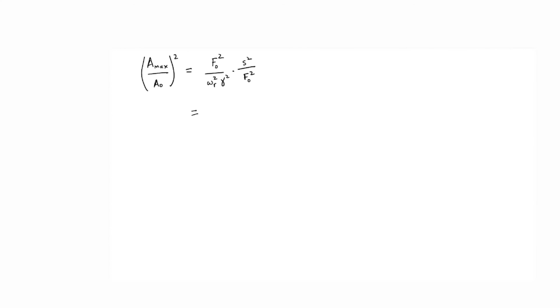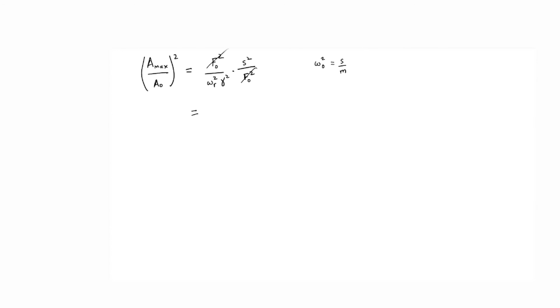The next step is to cancel off f 0 square, and remember that omega 0 square is equal to s by m.